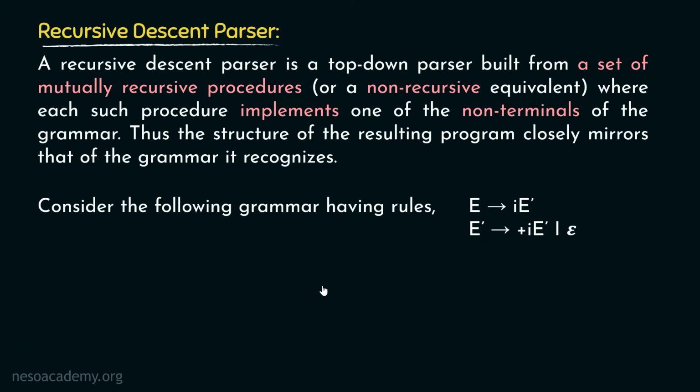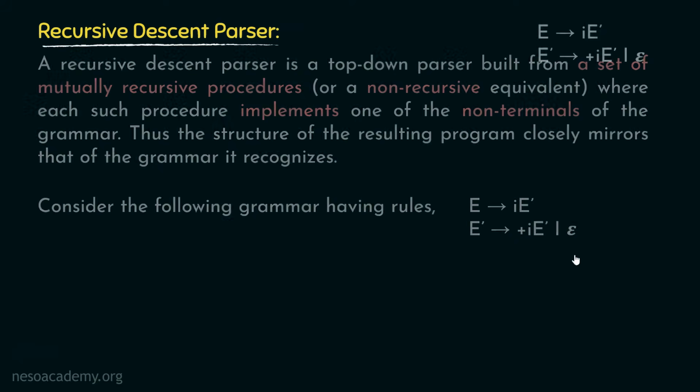So we are going to take this grammar and try to build the recursive descent parser for it, and we will also observe how that works. Basically, we will observe how, if this grammar is implemented using procedures, the recursive descent parser can recognize an input string with the help of the procedures which mirror this grammar. So let's begin.